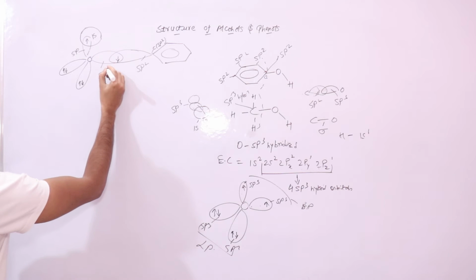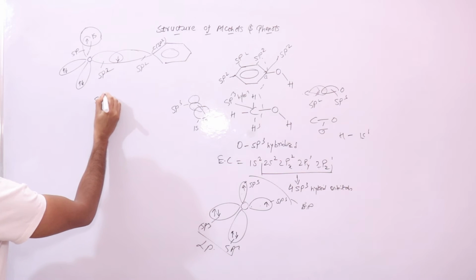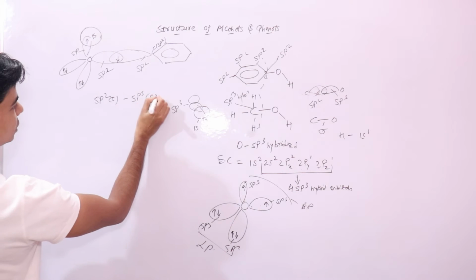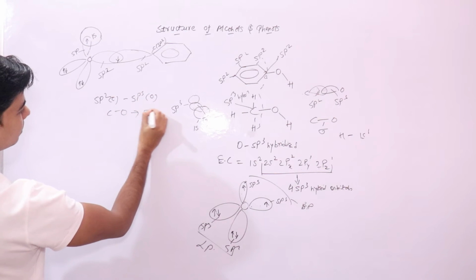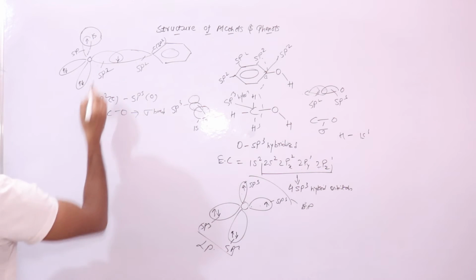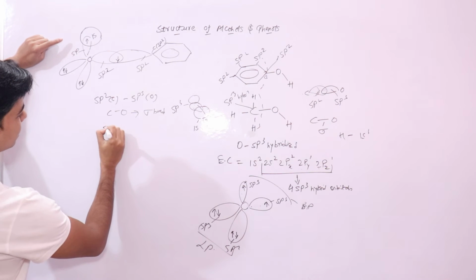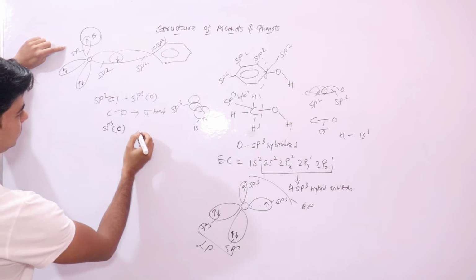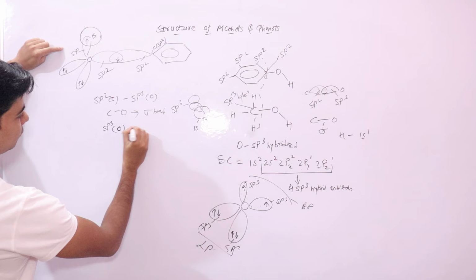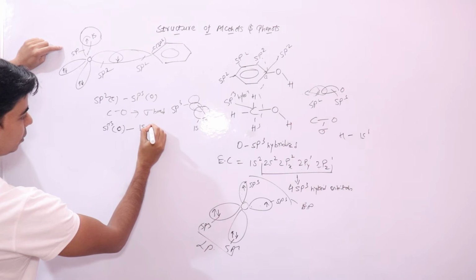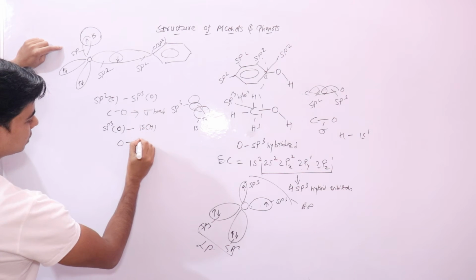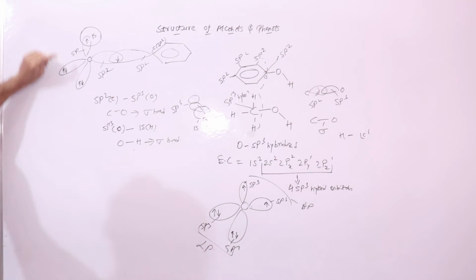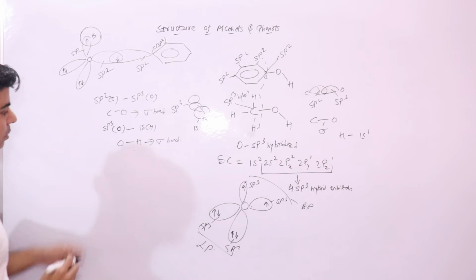So now we have two bonds: sp2 carbon and sp3 of oxygen form the carbon oxygen sigma bond. And here, sp3 of your oxygen will form a bond with the 1s orbital of hydrogen to form the OH sigma bond. Just look at the overlapping.